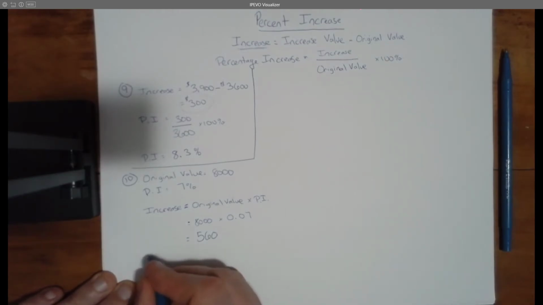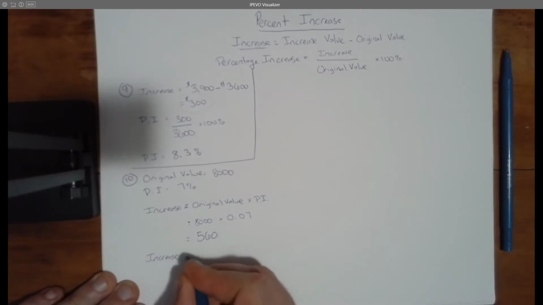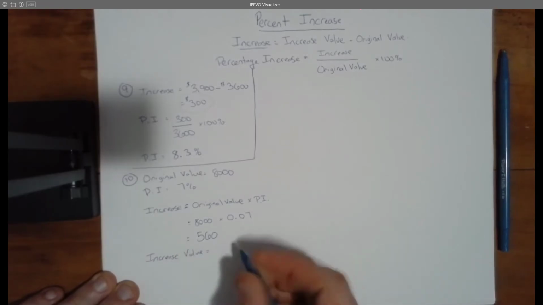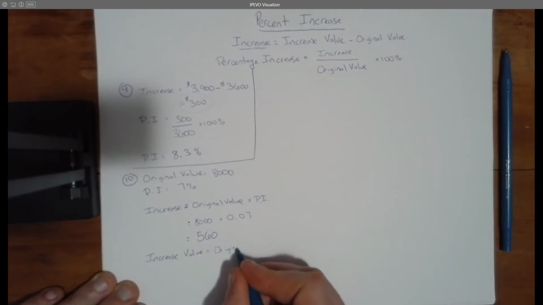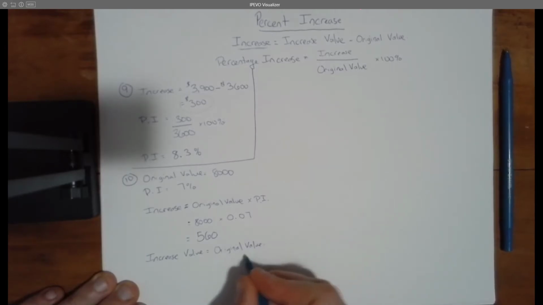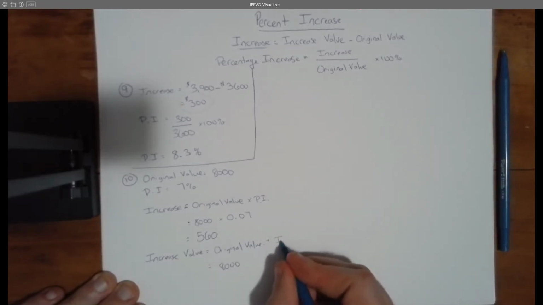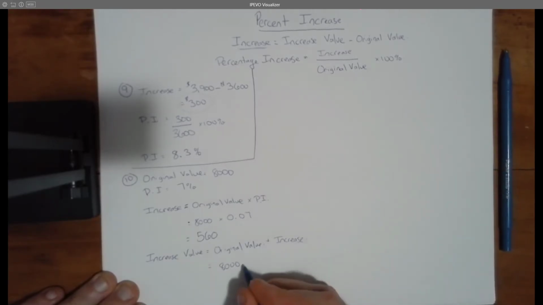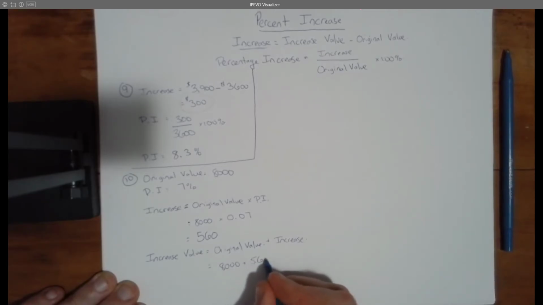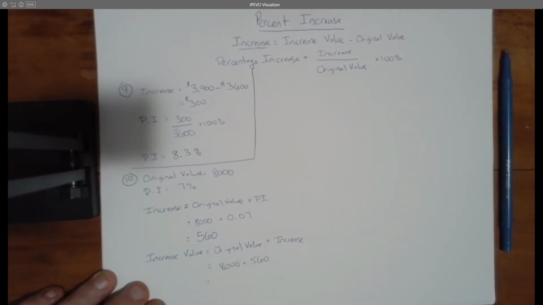And so my increased value is just going to equal my original value, in this case, 8,000 copies, plus whatever it increased by, my increase, which in this case is 560, which would mean that the following week, after a 7% increase, there are now 8,560 different magazines. This is one of the ways that you could go about solving this particular question.